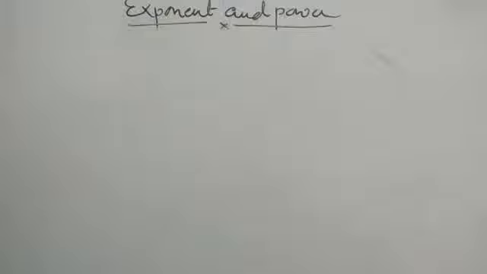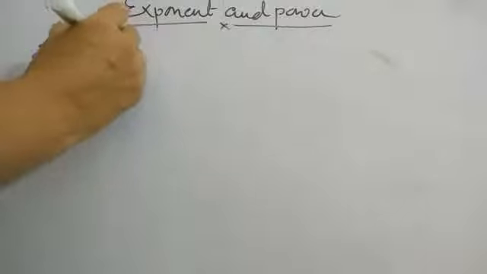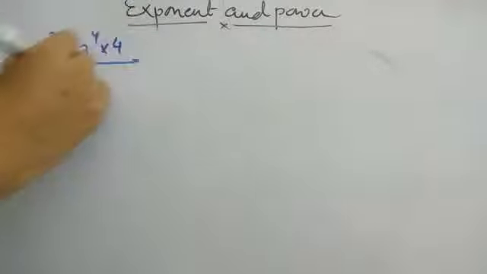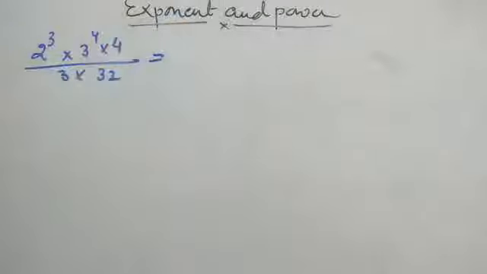Now let us take some more examples. Suppose you have 2 to the power 3 into 3 to the power 4 into 4 upon 3 into 32. In such examples, children, what we are going to do is we will convert all the numbers to their prime bases.